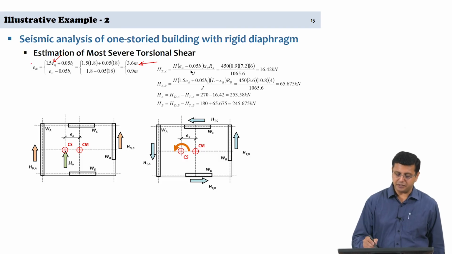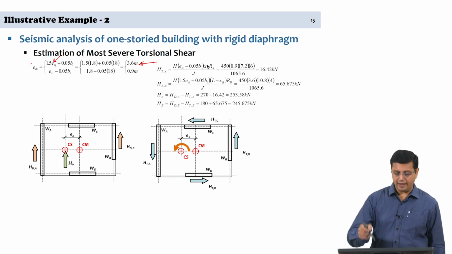Therefore, I use the second expression in estimating the torsional shear for wall A. So, H into ESI minus 0.05 BI for wall A, multiplied by XR into RA divided by the polar moment of inertia as earlier.